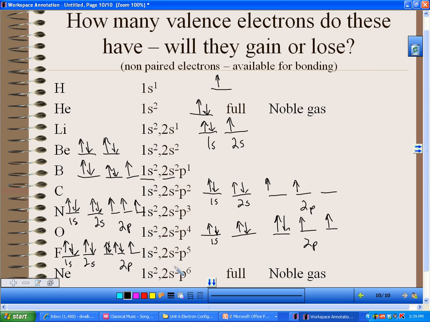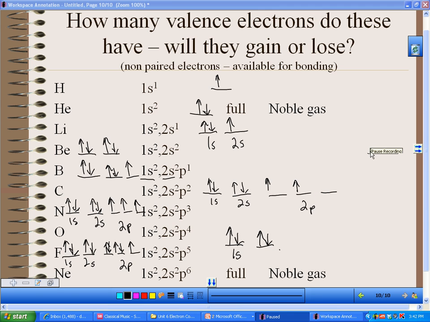Now I want to do neon, so I'm going to get rid of this one over here. Hopefully erase it rather than scribble on it. So neon is going to be 1s. So there's 1s, there's 2s, my 2 p's.